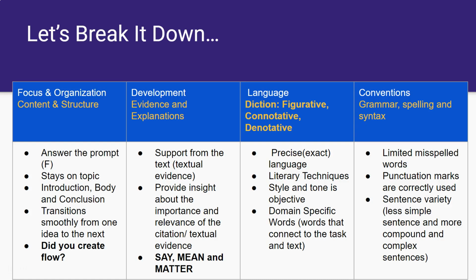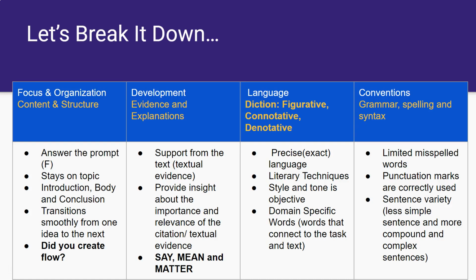Figurative words, connotative words, technical words, denotative words. You need to use precise, and when I'm talking about precise, I mean exact language. You need to use literary techniques that we discussed. You need to focus on your style and your tone and make sure that this is objective. You need to use domain-specific words.